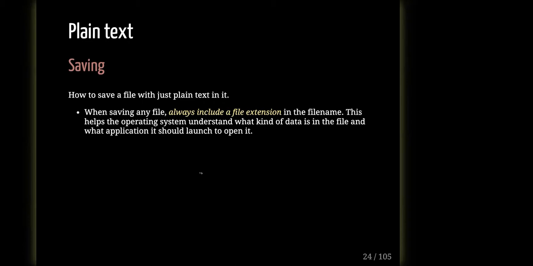So when you double click on it, if it's a CSV, some program that knows how to read CSVs will pop open. If you double click on it and it's a .xml, some program that knows how to read XML files will pop open automatically, right? So it helps your computer know what to do when a user takes an action on that file. You can mislead your computer. I can name any file like a CSV file. I can name it .zip. My computer will think it's a zip file.